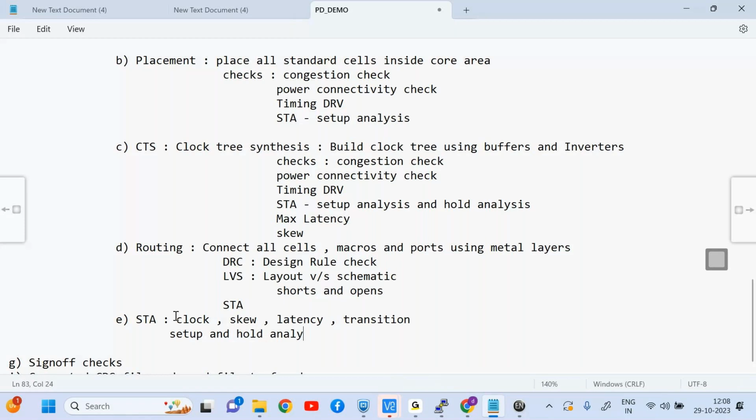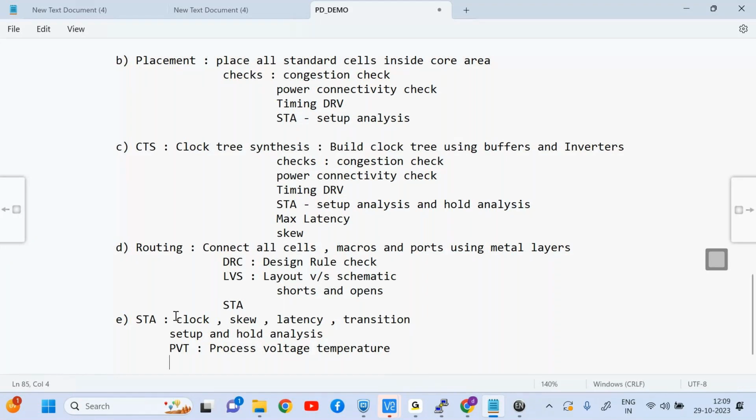We will cover PVT conditions, process voltage temperature, and how process, voltage and temperature affect cell delay. That we will cover.